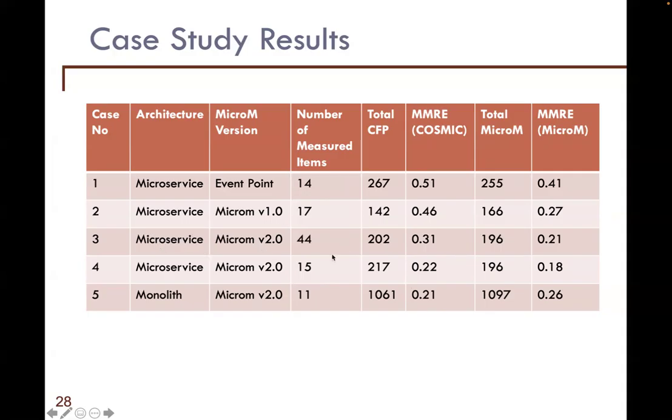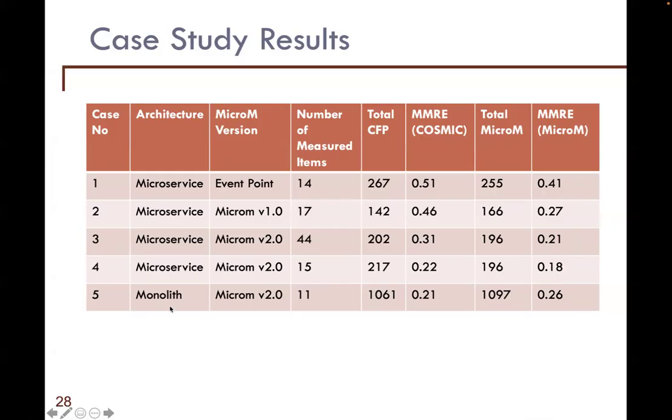Micron 2.0 performed quite good on all of the microservice-based applications. So this one, the mean magnitude relative error was only 0.21. On the other one, it's 0.80.